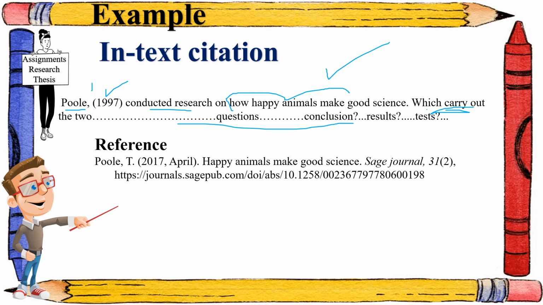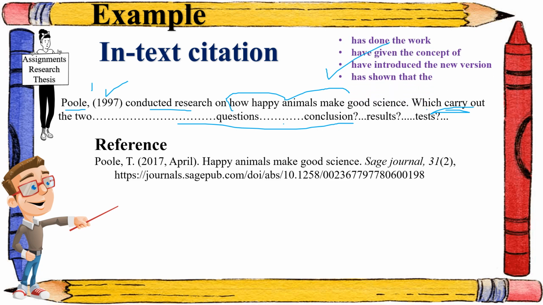Write all the things he has mentioned. First you have to understand the abstract very clearly and then write it in your own words, but do not skip any of his findings. Mention all his conclusions, results, tests, and even hypotheses if he has mentioned them. In this way, rejection of your work will be avoided during the plagiarism check.